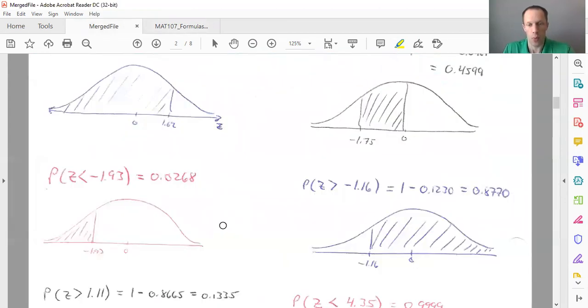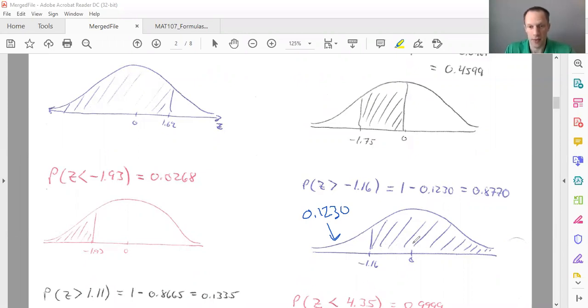Now, that 0.1230 represents the area to the left of the z value. So that 0.1230 is actually the unshaded area to the left of negative 1.16. Okay, the chart always tells you the area to the left.